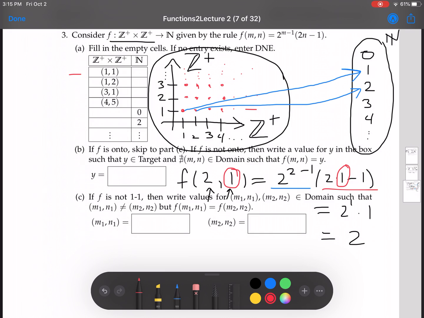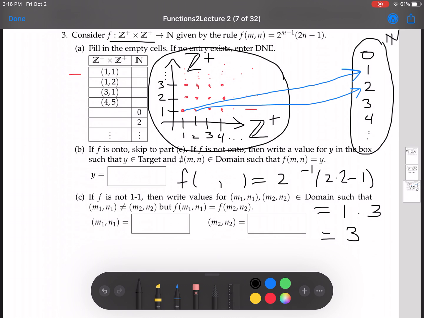All right, so let's think about how we can get 3 out. So let's put a 3 here. All right, so we want to get 3 out. Now, if we put a 2 here, then that's going to be 2 times 2 minus 1. So that's going to be 4 minus 1, which is a 3 here.